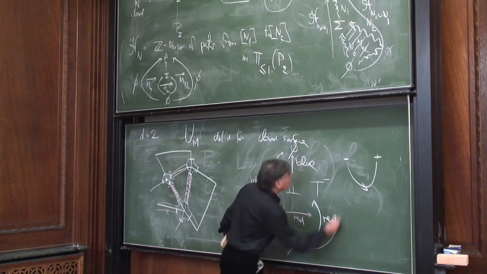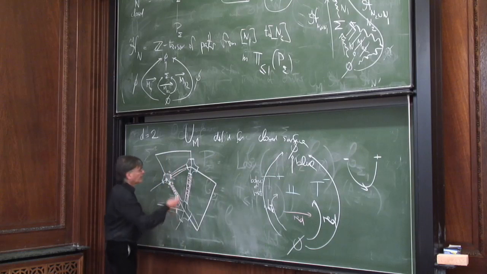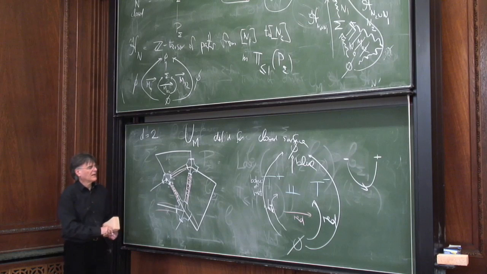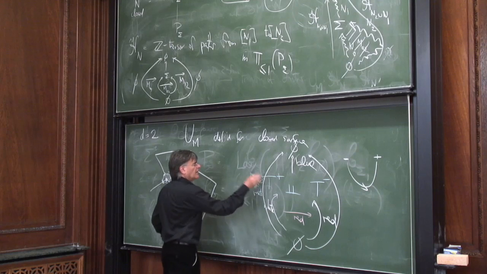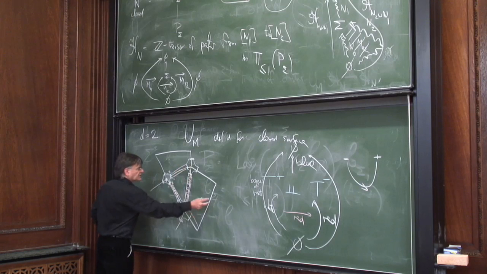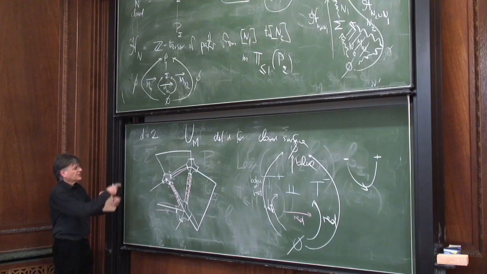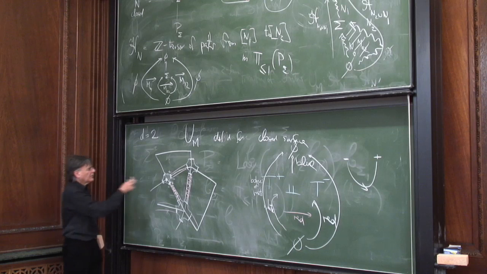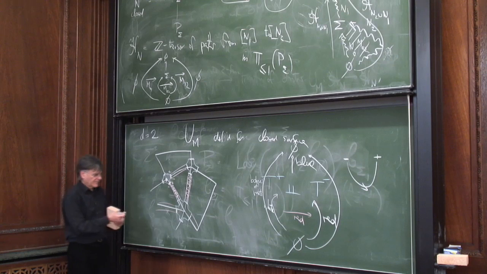On the other hand, if I look at the composite of those two, that will also be a lot of little circles, one circle around each vertex. So these two composite cobordisms are each disjoint bunches of circles, small circles, one for each vertex in the one case, one for each edge in the other.